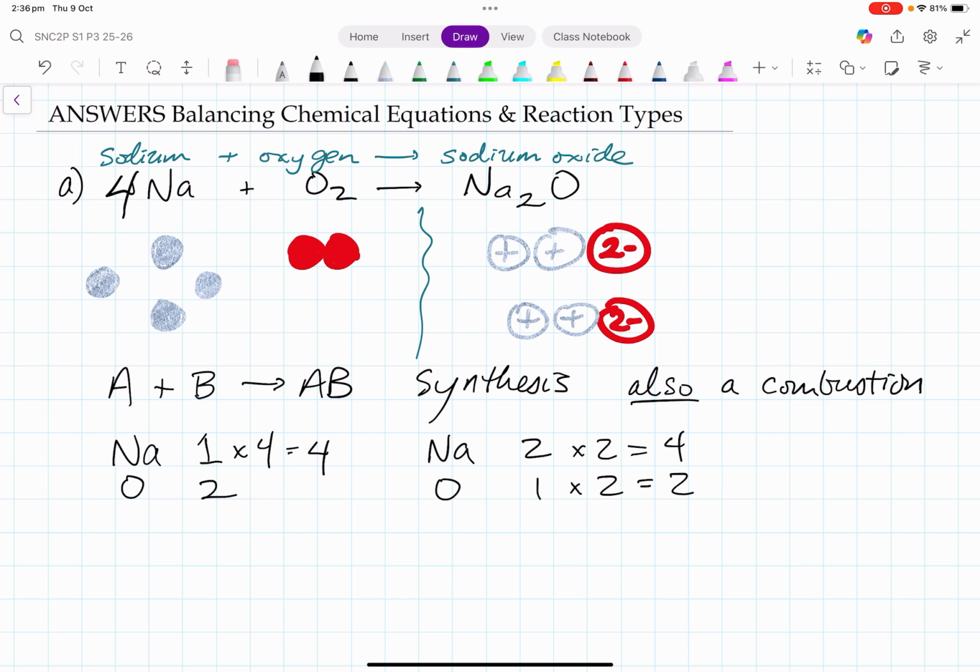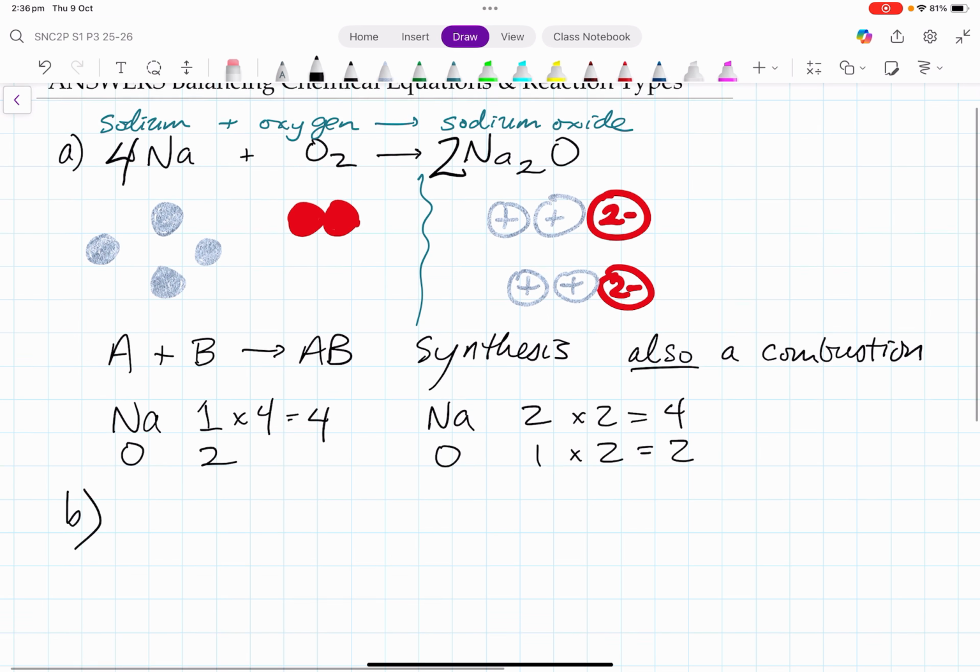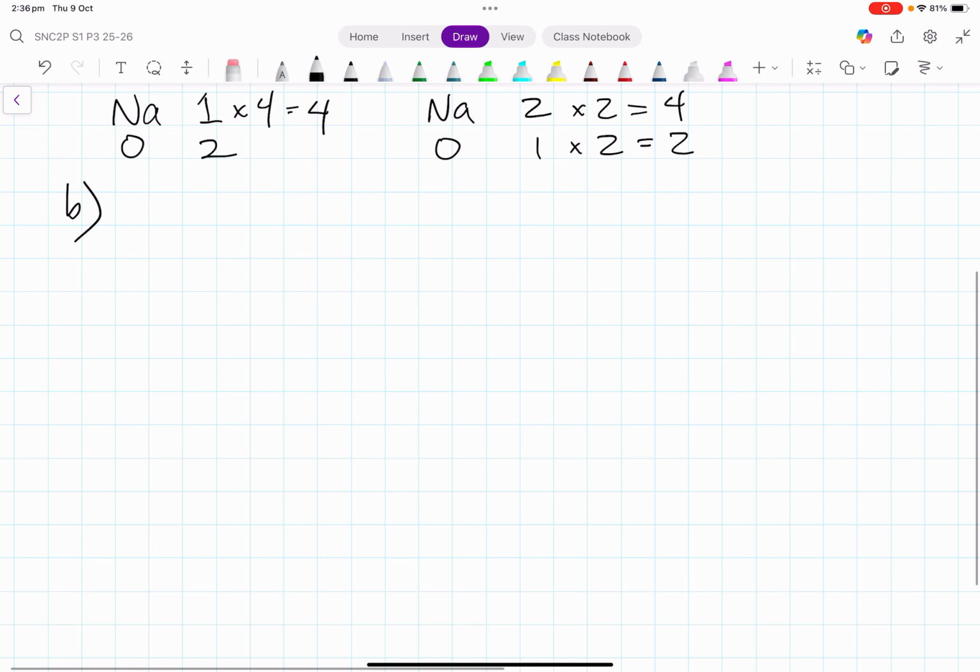Now I got to put my balanced coefficients up in front. 4 sodium atoms react with 1 oxygen molecule to produce 2 units of sodium oxide, and now we're totally balanced, and we've identified the type of reaction. Let's go to the next one.